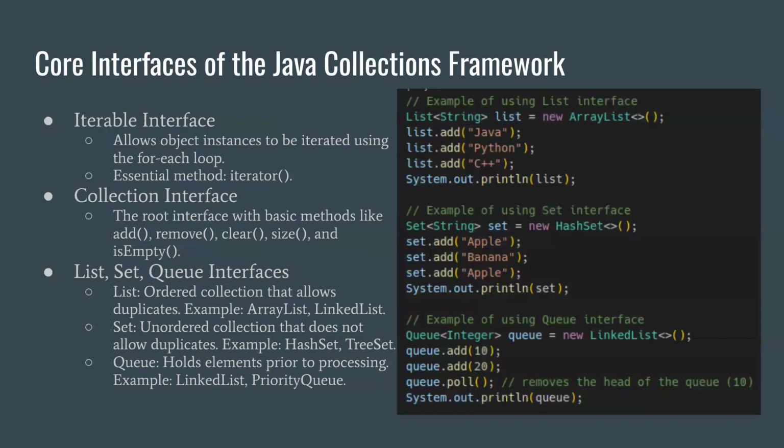And then we further categorize collections into lists, sets, and queues, and they each serve distinct purposes depending on whether we need order, whether we need uniqueness, or whether we're building a queuing system. And here is an example of using the List interface, Set interface, and Queue interface.